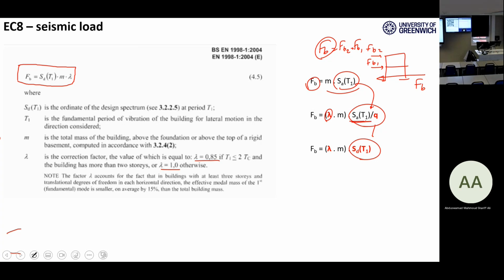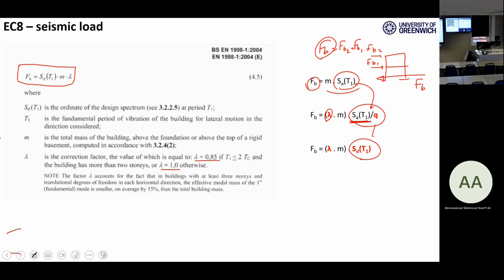This is exactly a spectral acceleration in the Excel file last week. SA is exactly a spectral acceleration in the Excel file, but in the Eurocode, it has provided a ready-to-be-used spectral acceleration for the engineers, right?